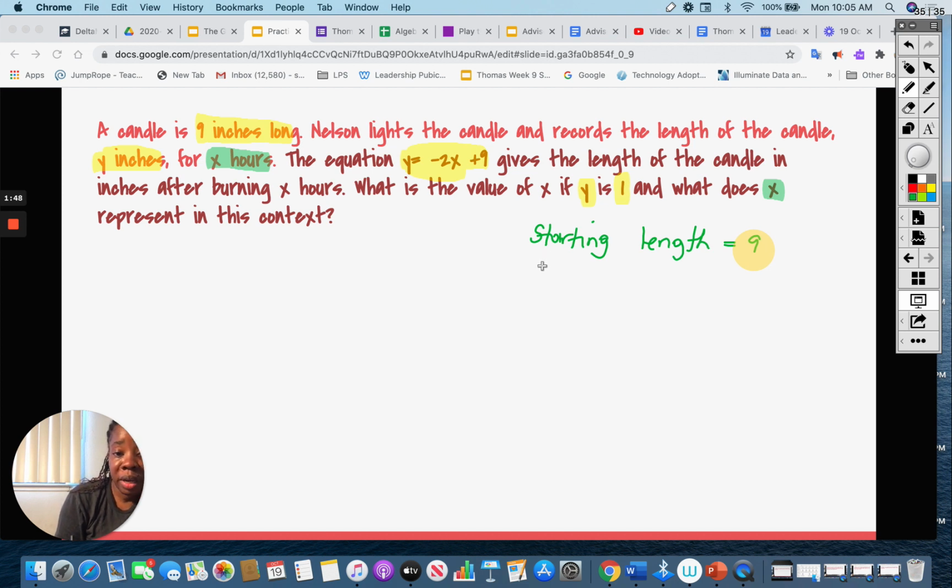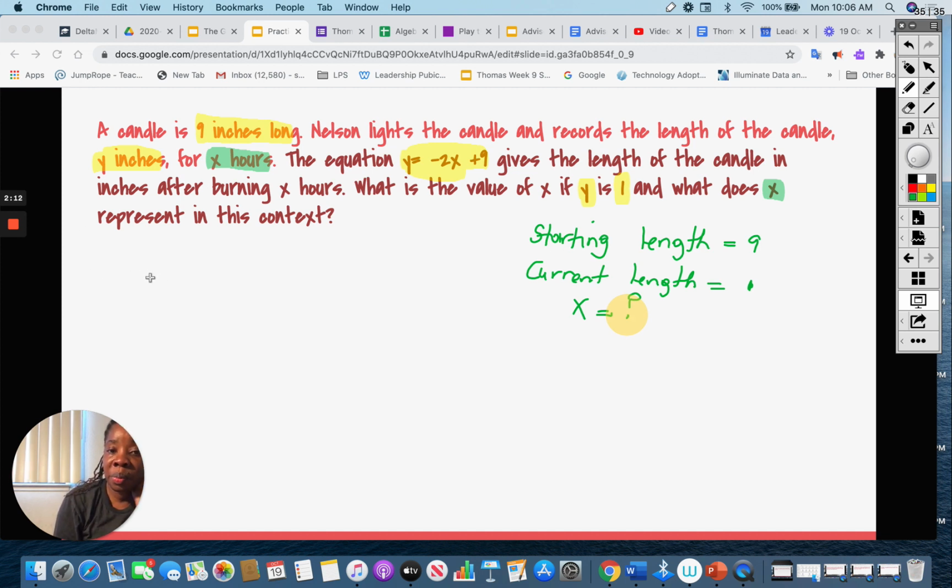I know the equation. I know right now current length or present length is equal to 1 inch. And I know that my x is what I'm trying to find. They're asking me to find x.